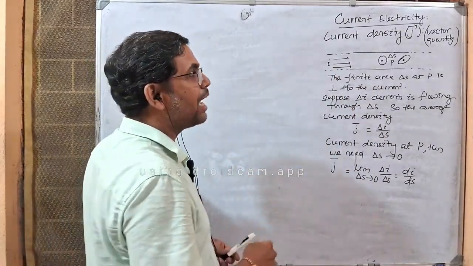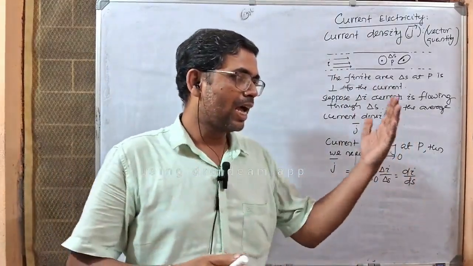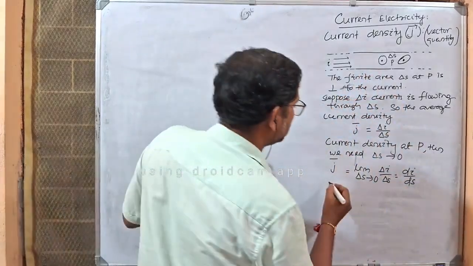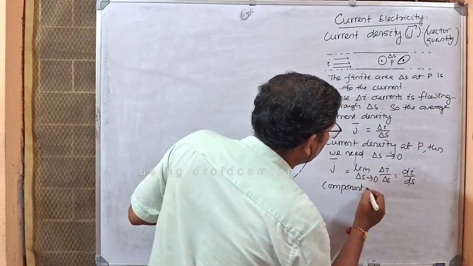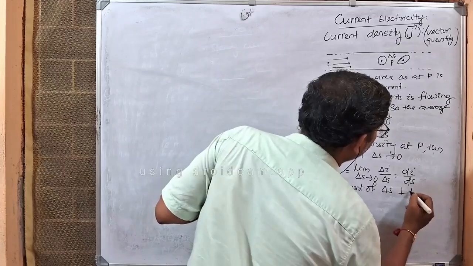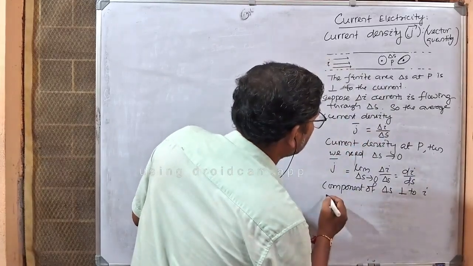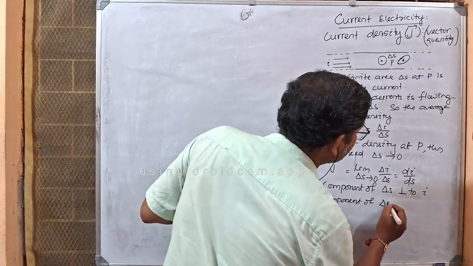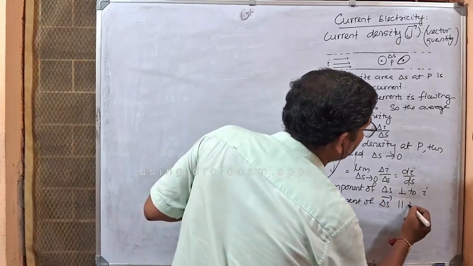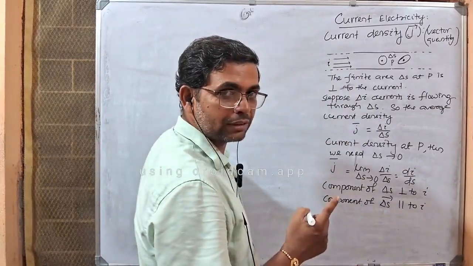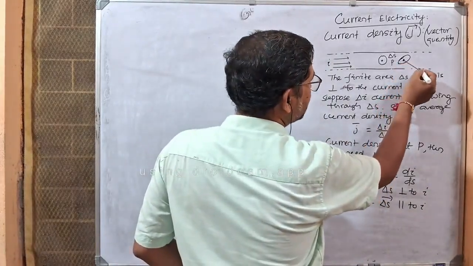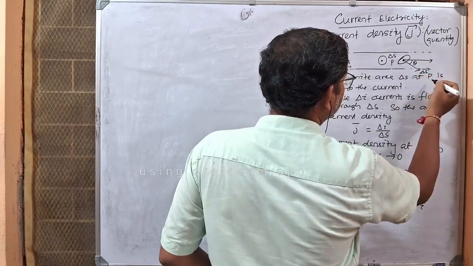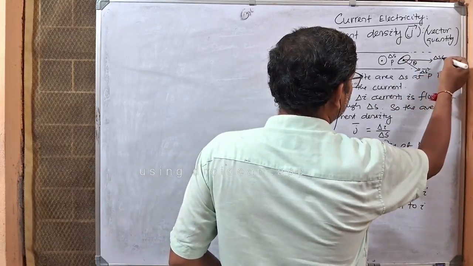Then what do I have to calculate? I have to calculate the component of area that is perpendicular to the current, or you can say the component of delta S vector parallel to I. Because the delta S vector is in this direction and this is the current direction, at an angle theta, its component is delta S cos theta.